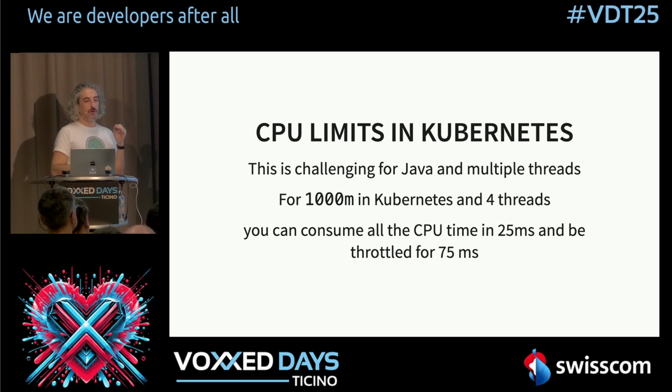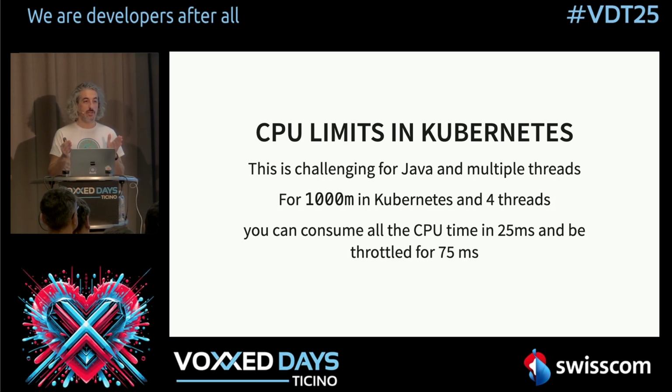This is challenging for Java applications or things that use multiple threads. Because, for instance, if your limit is 1,000 or 1 CPU, and you have 4 threads, all of them using CPU, this means in 25 milliseconds, you may already use all the CPU you had available in that 100 millisecond period.